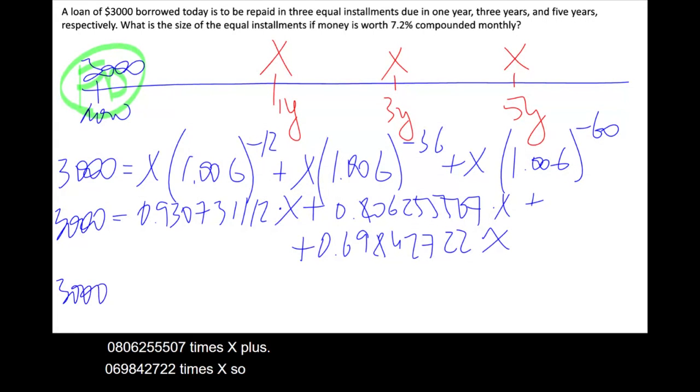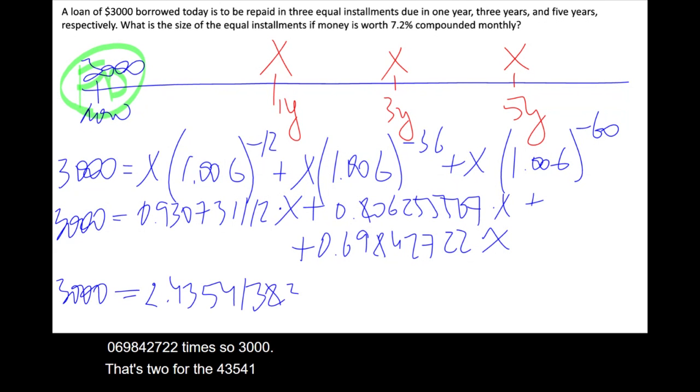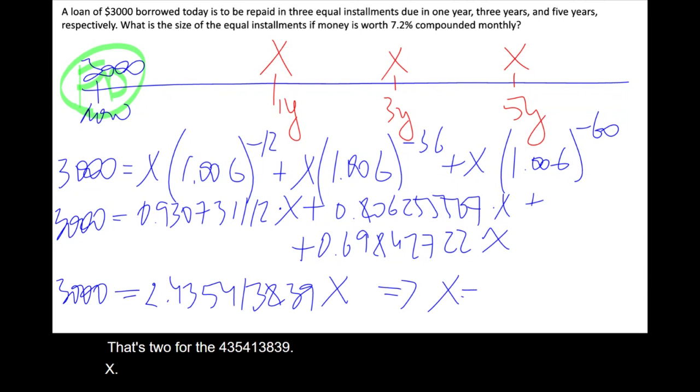So 3,000. That's 2.4355413839 x. From here, x will be 123,182.